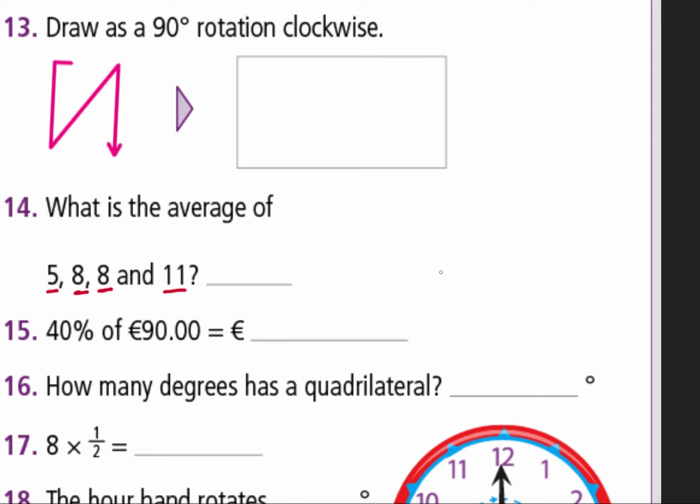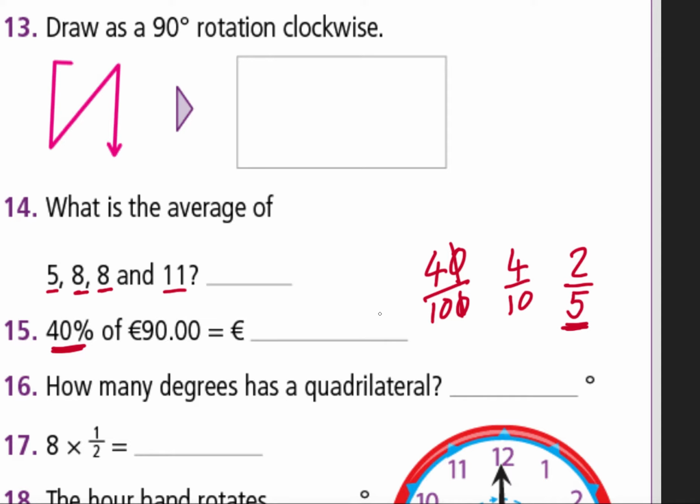So 40% is 40 out of 100, and we can simplify that by crossing off two zeros, so it's also equal to 4/10. And we can simplify that, we can divide 2 into the top and bottom. 2 goes into 4 twice, and it goes into the bottom 5 times. So this 40% here is equal to 2/5. And we need to find 2/5 of 90.